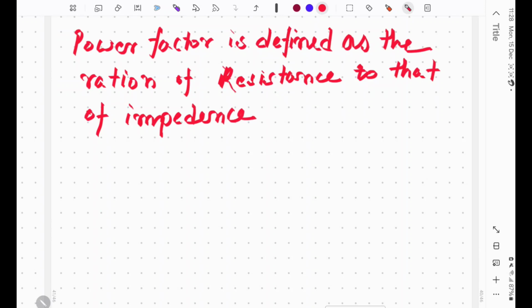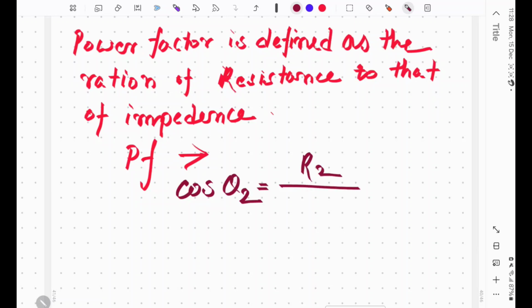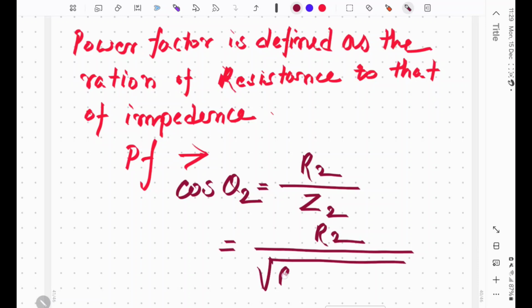So the power factor of the rotor circuit, cos theta 2, is equal to R2 by Z2, that is R2 by root over R2 square plus (S X2) whole square. This is the power factor.